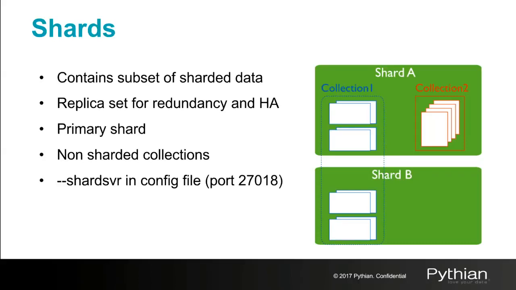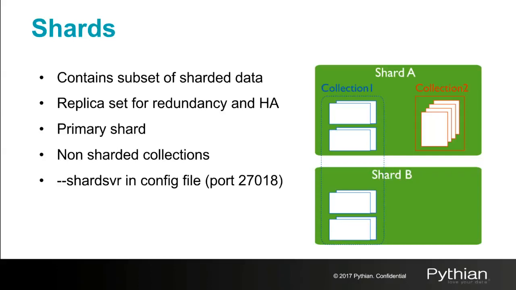Every cluster has a primary shard for each database. When we create a database in a sharded cluster, the database initially is stored on one of the shards. So we may have 5 shards, but initially when we create the database, it will be stored on shard 1. So that's the primary shard where the database resides.